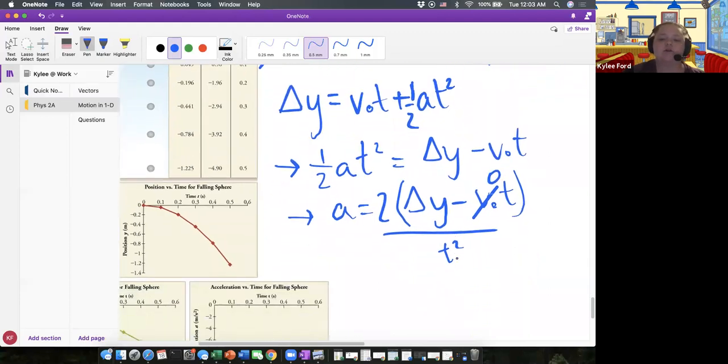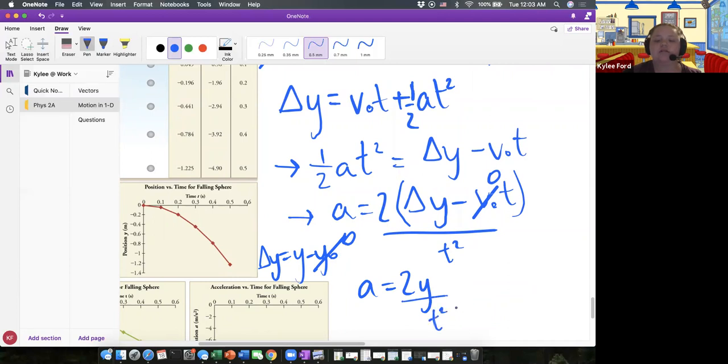My delta y, remember, is y minus y initial, and if my initial is 0, then there you go, you can just plug that in. So I'm going to rewrite this as a equals 2y over t squared.